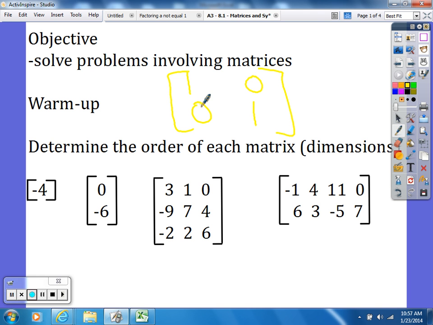What about 3 by 3? Go ahead and make a 3 by 3 on your paper and see if you can make the identity matrix for a 3 by 3. Now, if you remember back to Algebra 2, and most of us probably don't because it's been a long, long time.